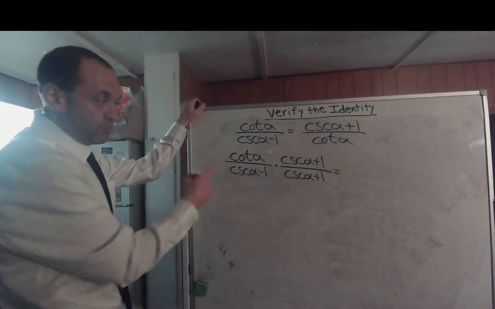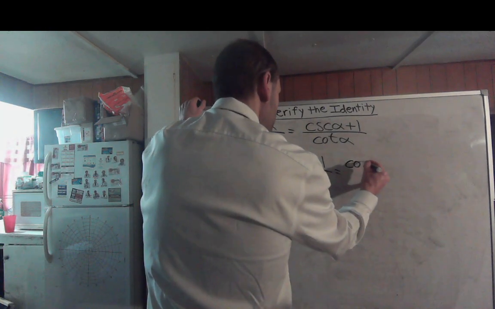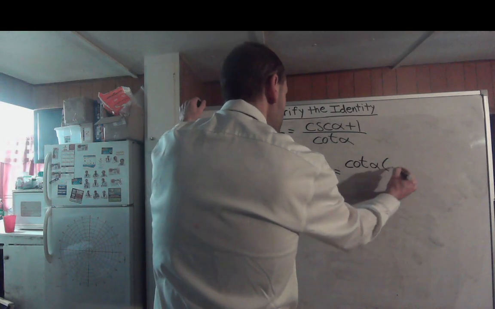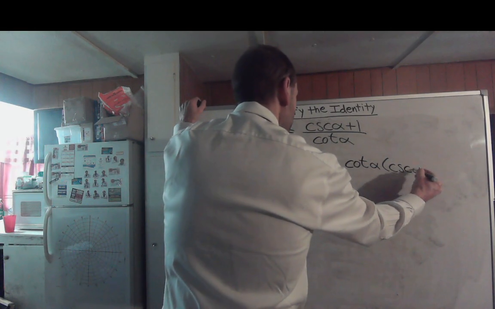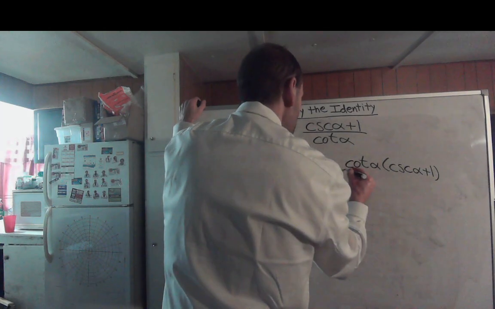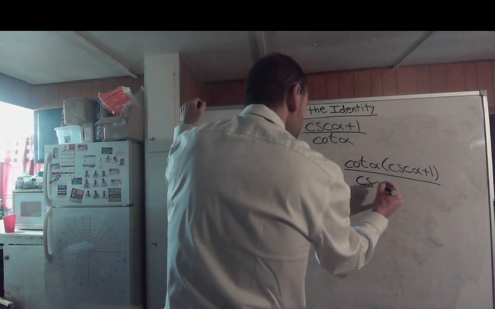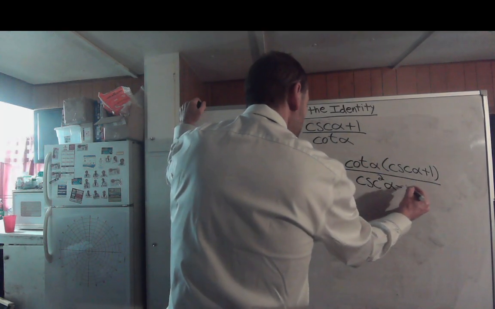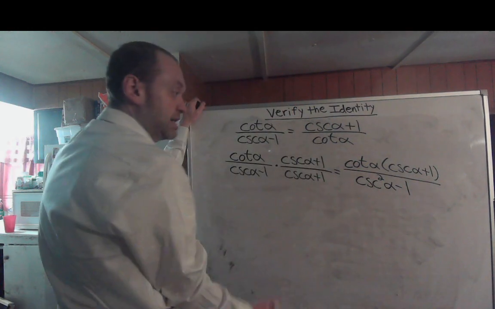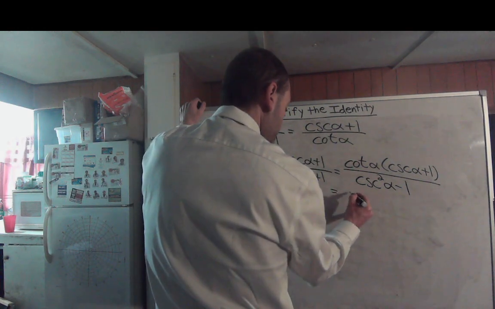Which in the numerator would turn into the cotangent of alpha times the quantity of the cosecant of alpha plus 1, all over your denominator, which ends up turning into cosecant squared of alpha minus 1. Well, that denominator would just turn into cotangent squared of alpha.